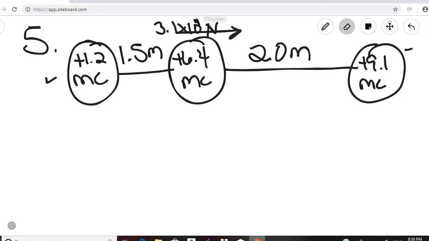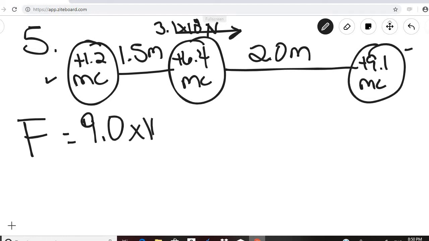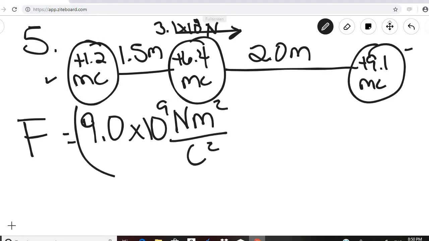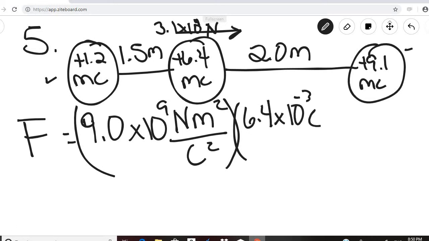So now F is equal to 9.0 times 10 to the 9th newton meters squared over coulomb squared times 6.4 times 10 to the negative 3 coulombs times 9.1 times 10 to the negative 3 coulombs.